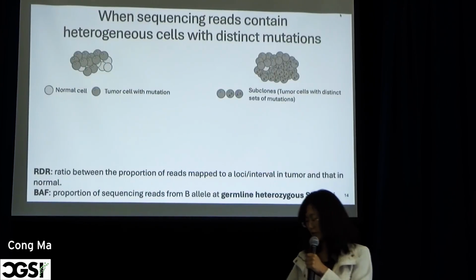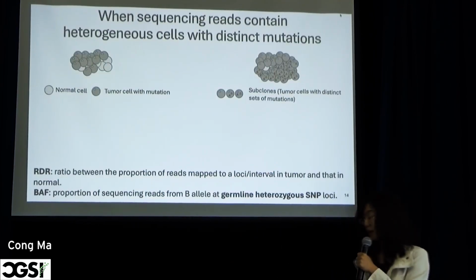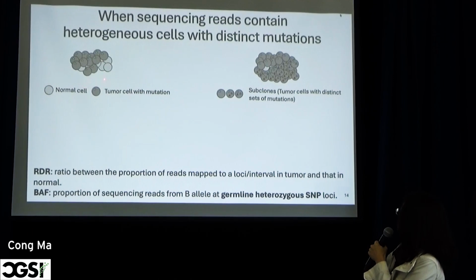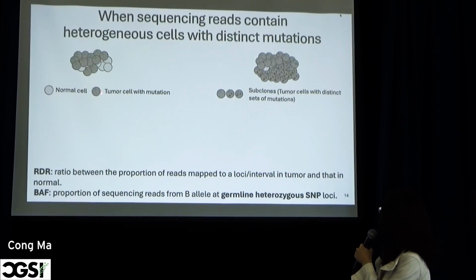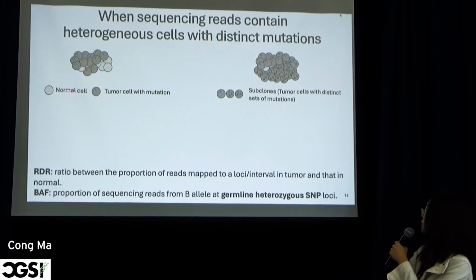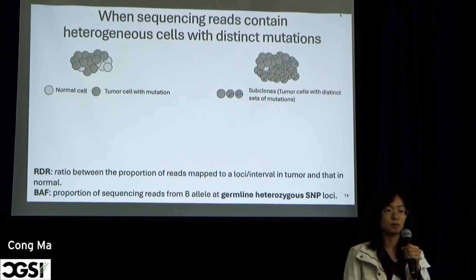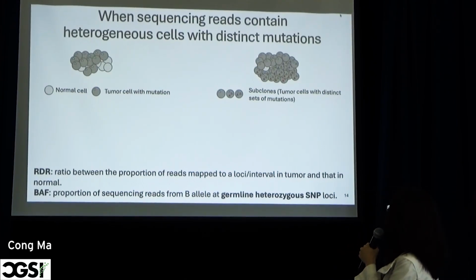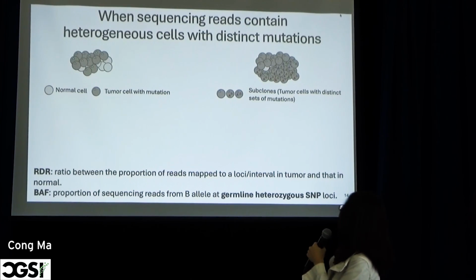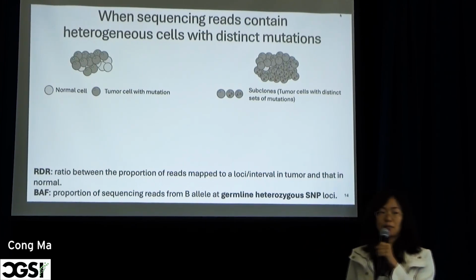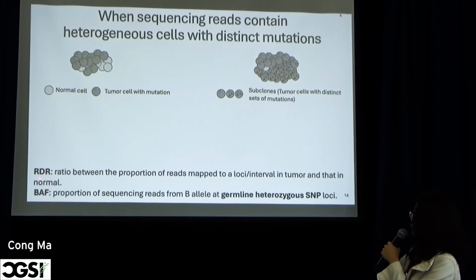But in general, we're dealing with more complicated data, where each sample is potentially a mixture of normal cells and tumor cells, and potentially also a mixture of tumor cells with different subclones. In that scenario, how are we going to infer copy numbers? Our signal from the sequencing reads, RDR and BAF, is still defined in the same way.